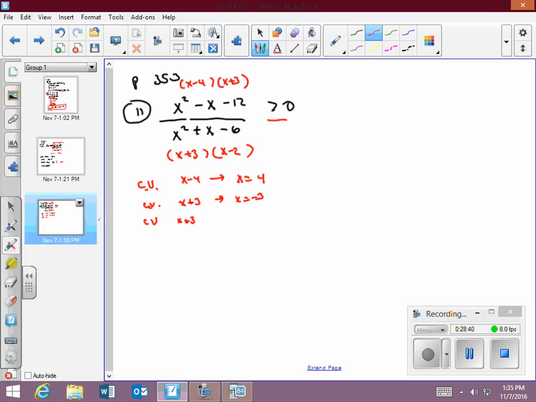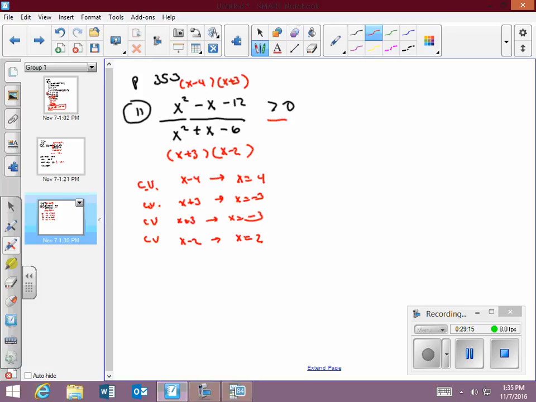Now notice the denominator has the same critical value as the numerator. Now if that were an equal sign, then that would be a hole, right? But this is an inequality. So we evaluate it differently. Then the critical value of x minus 2 has got to be x equals 2.